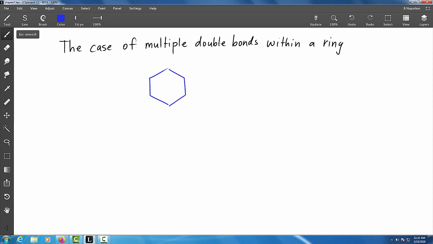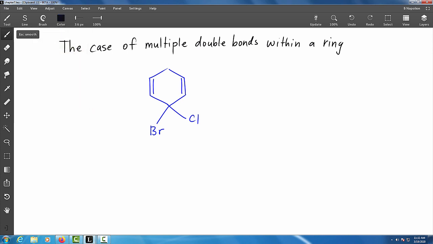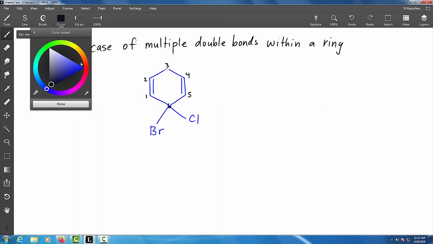So we see a 6-member ring, and let me put a double bond here, a double bond here, and let's also put a substituent here and another substituent here. Okay, so where do we start numbering? Let's see. Let's try 1, 2, 3, 4, 5, 6. Let's try the black direction.